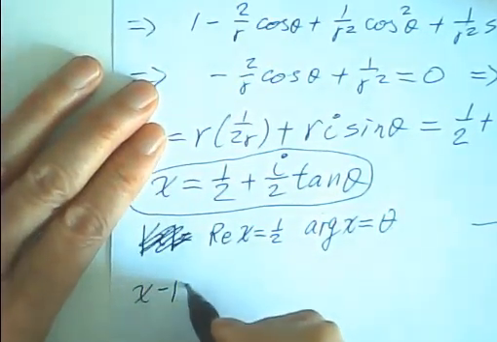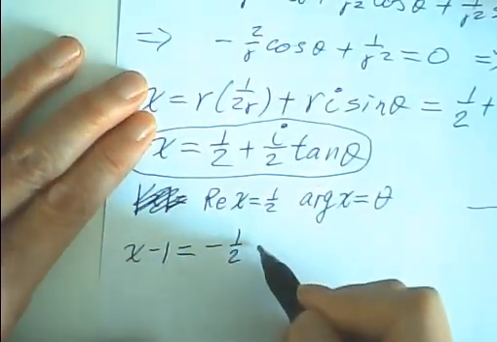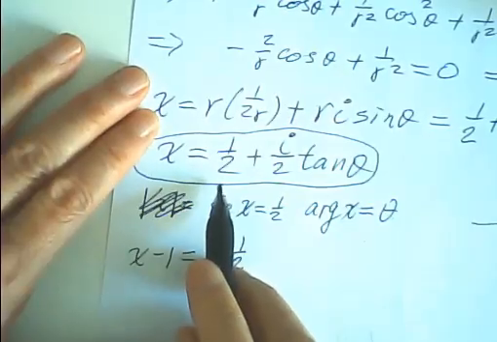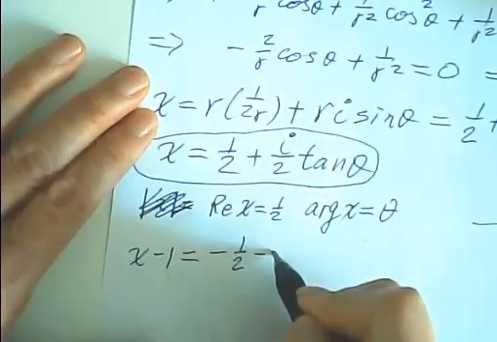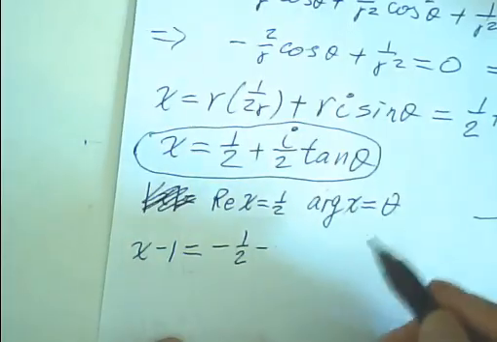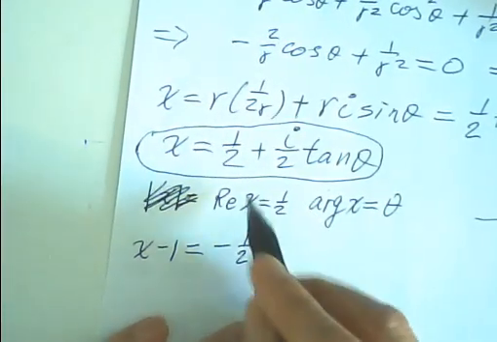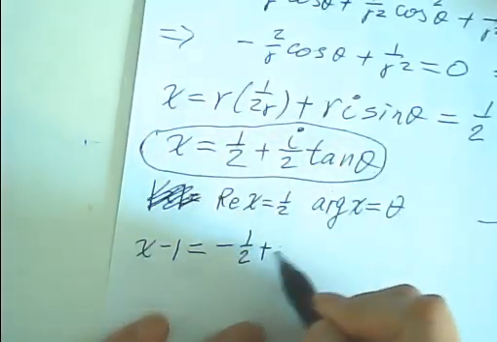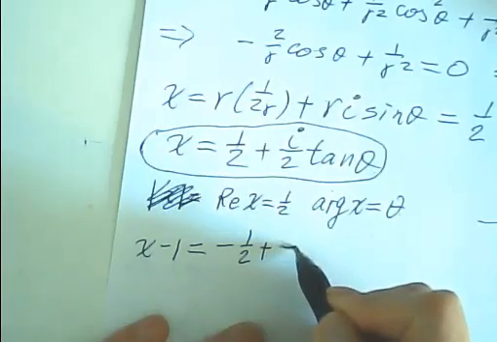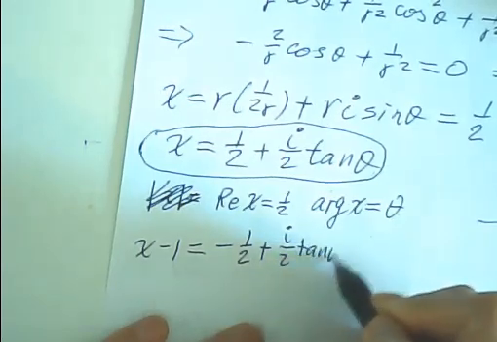X minus 1 will be equal to, this one is minus 1, so the real part is -1/2, still half, times tangent theta for the imaginary part.